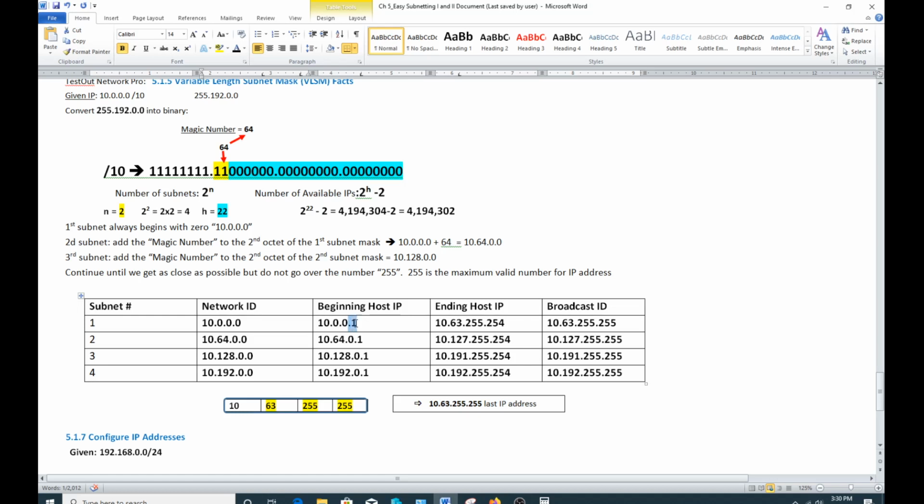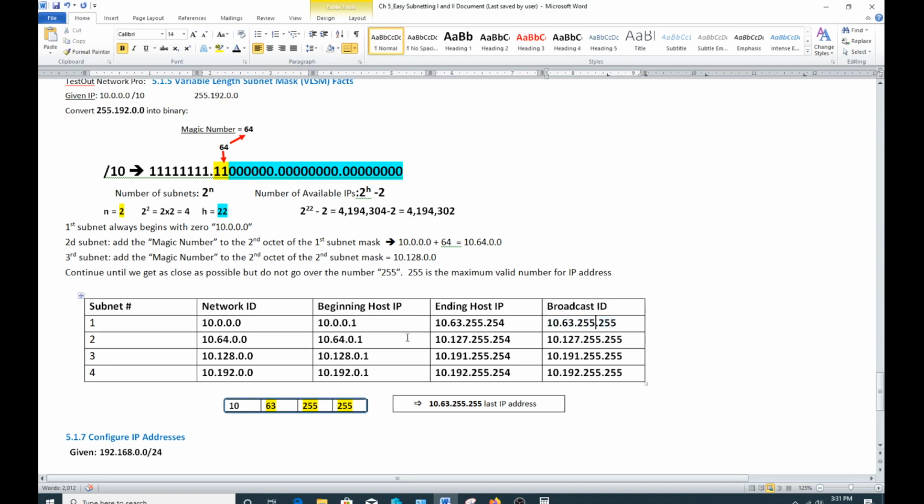So when you write down the subnet, you start with the subnet right here. You begin with the one number larger than the network ID, and then write down the last IP address of that subnet. Well, how do I know that this is the last available IP address for this subnet? In other words, this subnet beginning with 10.0.0.0 or ending with 10.63.255.255.